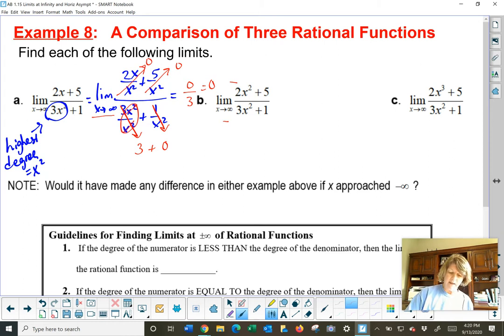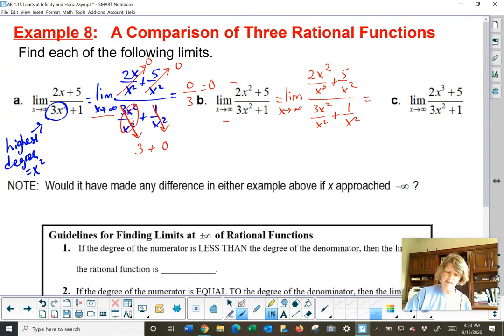On this next one, x squared is our highest degree. So I'm going to have limit as x goes to infinity, 2x squared divided by x squared plus 5 over x squared. It's a lot of extra writing, but we understand why we're doing it. And let's analyze each of these.